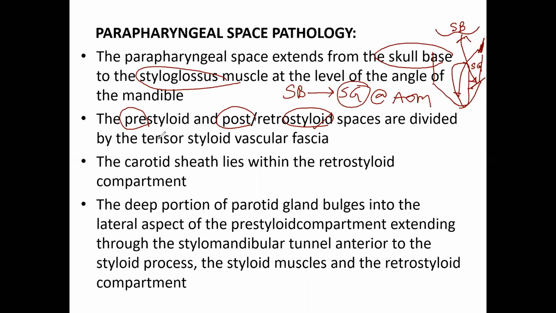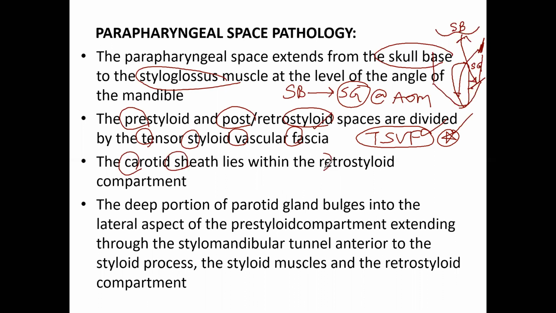It is divided by the tensor styloid vascular fascia. It is dividing it into pre-styloid and retrostyloid compartments. That is to be kept in mind. The carotid sheath lies within the retrostyloid compartment.